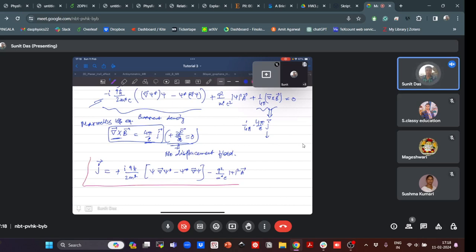So this is the current density equation in the presence of a magnetic field. Okay, so this is equation number, let's say, 3.